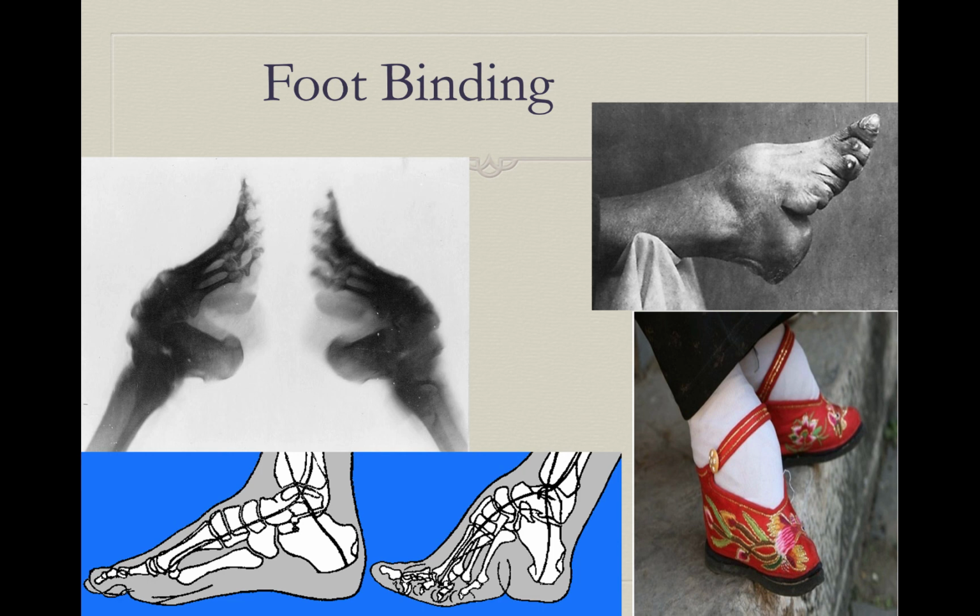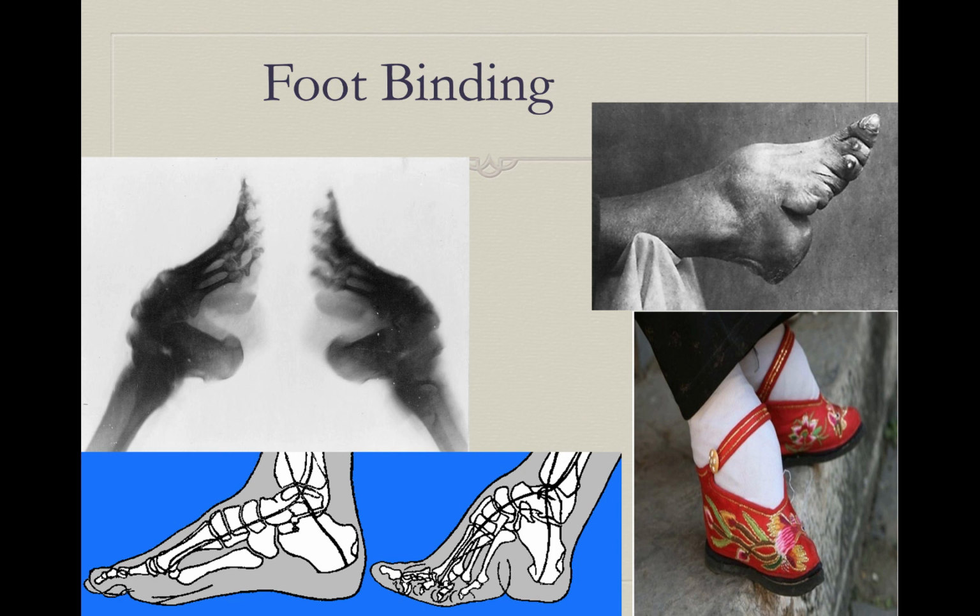So if they were so delicate and needy, then a husband who could afford a woman like that must be very wealthy and able to take care of her. So it was considered a type of body modification necessary for women to be eligible for marriage.